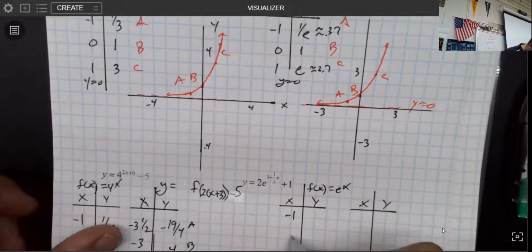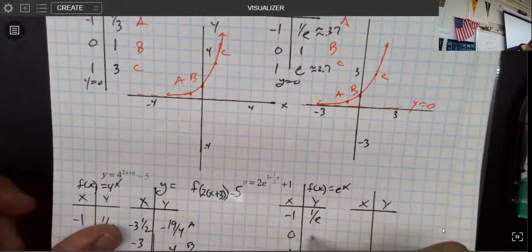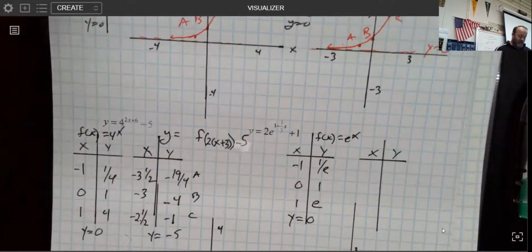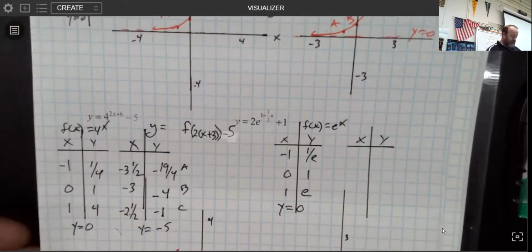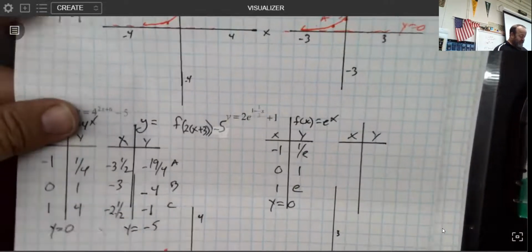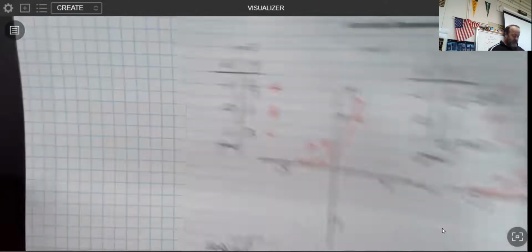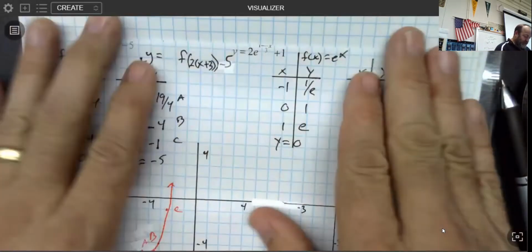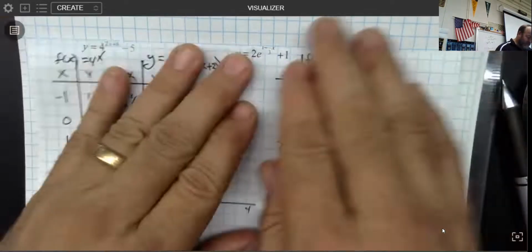That was negative 1, 0, 1. That was 1 over e, 1 and e. Again, I'm just copying those values that I had previously written on the top of my paper. In fact, I think I'm going to fold this thing over so that I don't have to keep sliding it on the camera quite so much. So let's say that's what we have. I covered up my paper just a little bit.